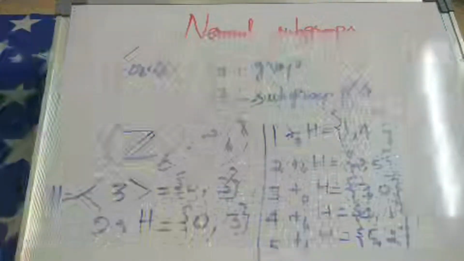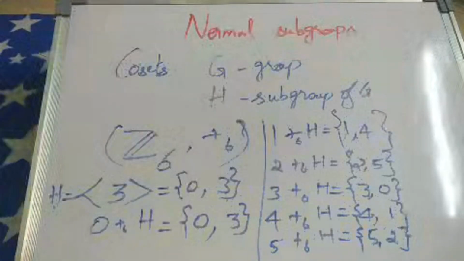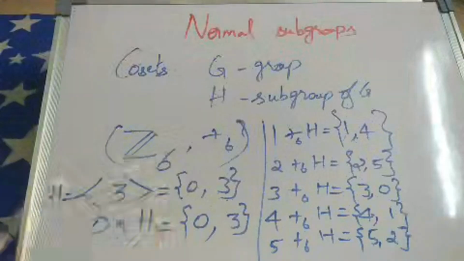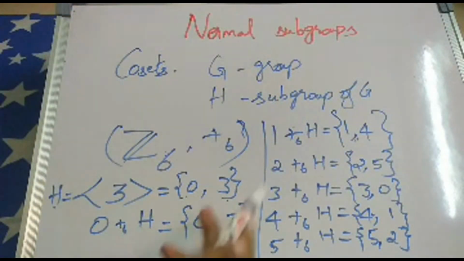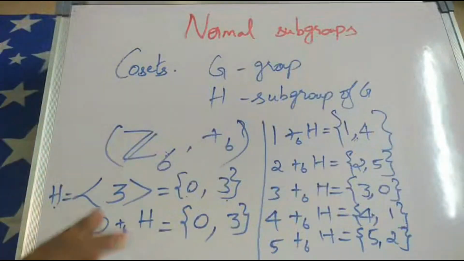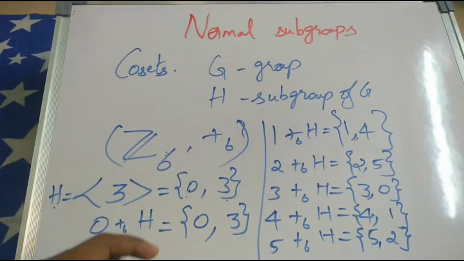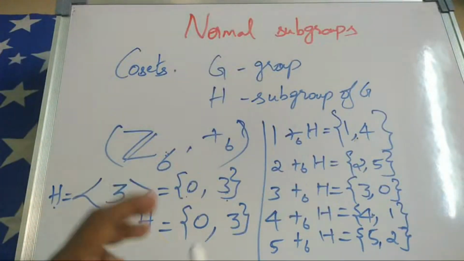Now, one more thing. If you look at it carefully, 0 plus H is the same subgroup. 3 plus H is the same subgroup. If you take an element which is not in the subgroup, so there are 4 other elements which are not in the subgroup, 1, 2, 4 and 5, when you try to find the coset corresponding to it, it happens to be a different set than the subgroup.